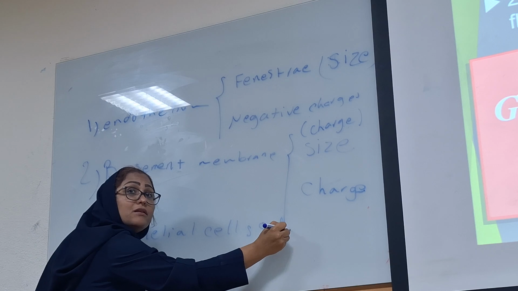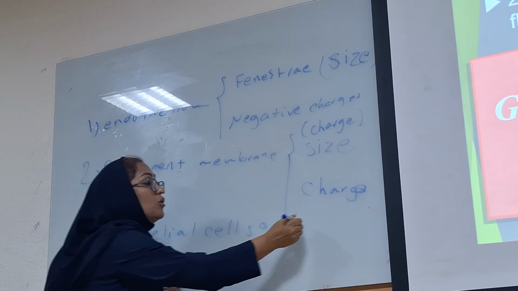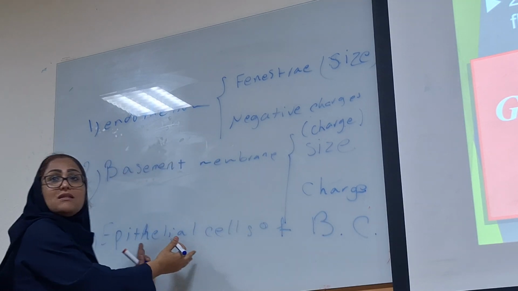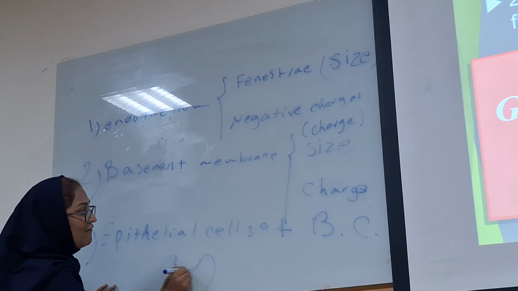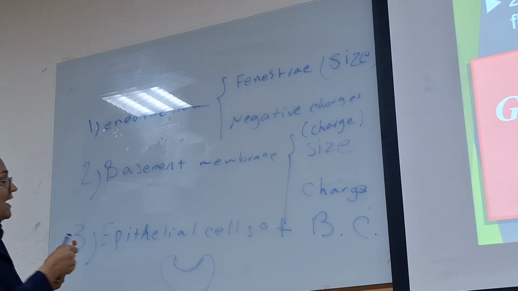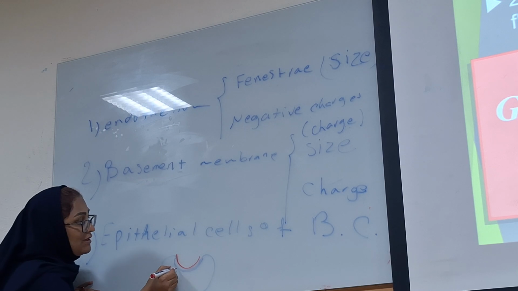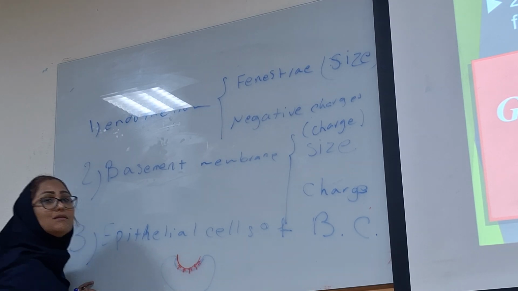Cells of what? Epithelial. Cells of Bowman's capsule. It means the cells of Bowman's capsule, which are in direct contact with the wall of the capillary, actually support capillary cells.